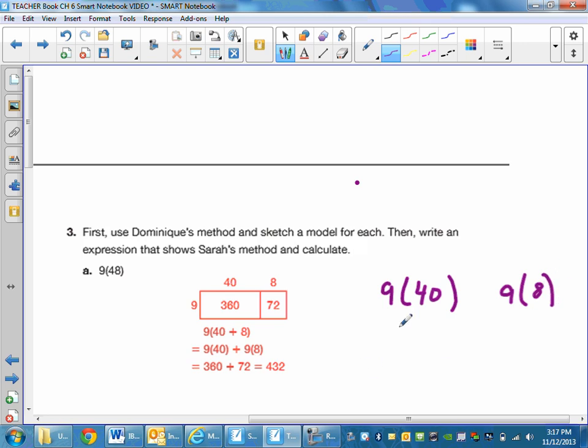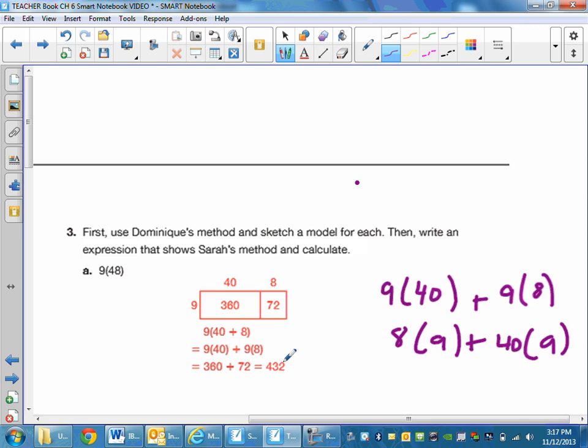So there's 8 nines, or you could also have done 8 nines and 40 nines, like that. So those are 2 options there, and then the answer you should get is 432.